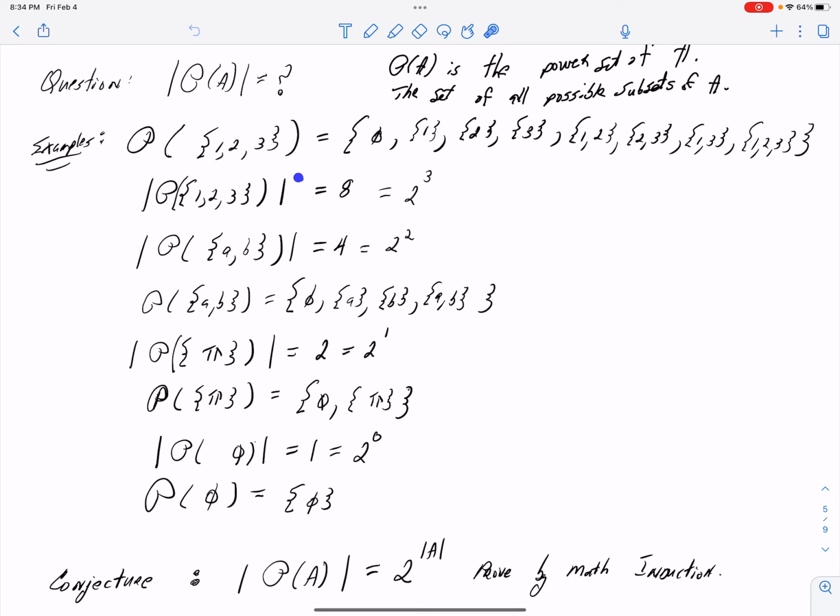So the cardinality of the power set of this set is 8, which, by the way, is 2 cubed. And notice that the cardinality of the original set, {1, 2, 3}, of course, is 3.